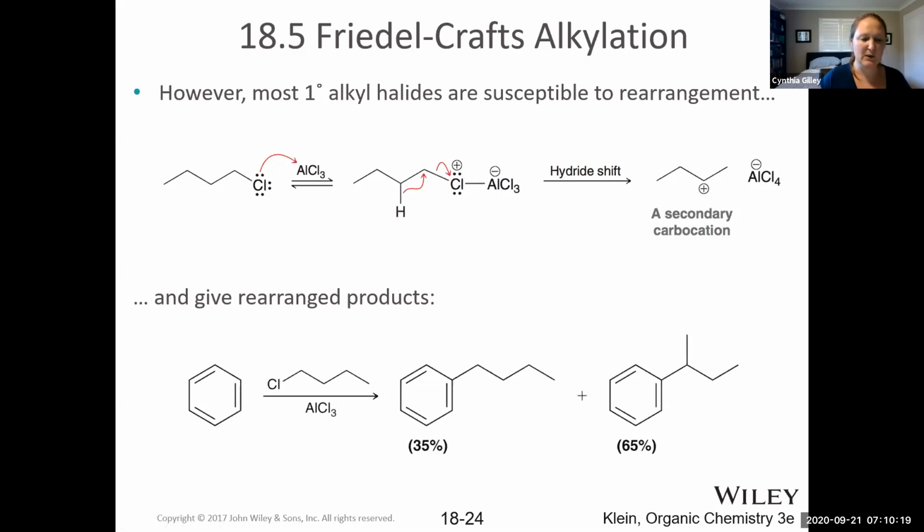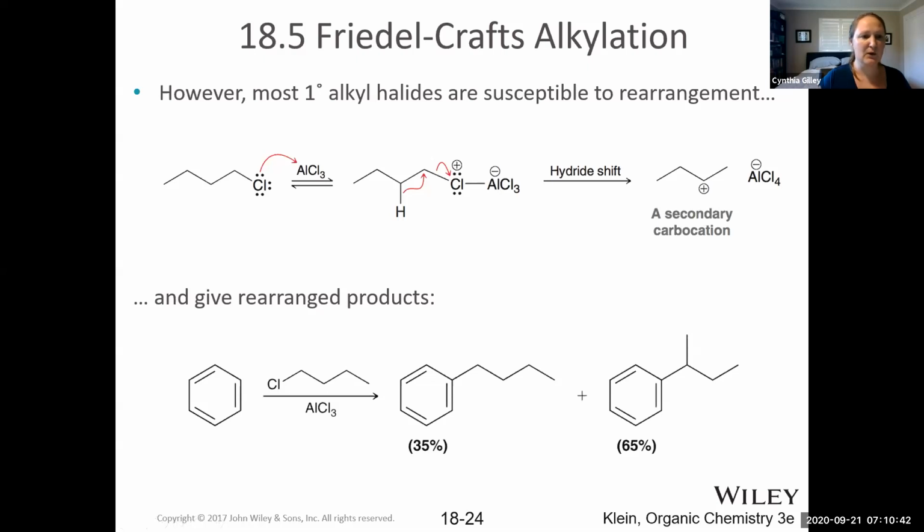So essentially what I want you to remember about the Friedel-Crafts alkylation reaction is what sort of alkyl halides are okay. It's okay if it's tertiary or secondary. It's okay if it's primary as long as it's no longer than an ethyl group attached. And then also methyl is okay, right?